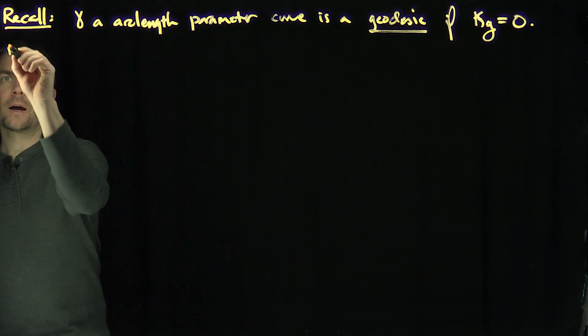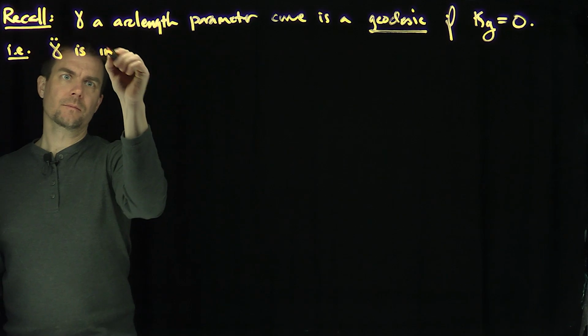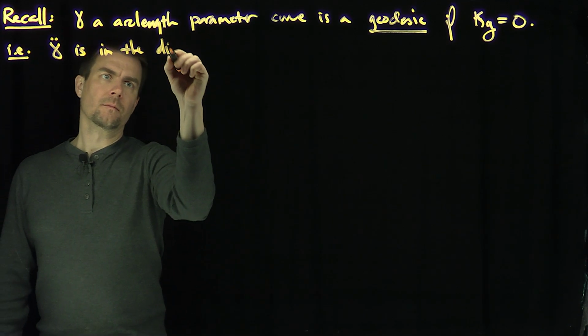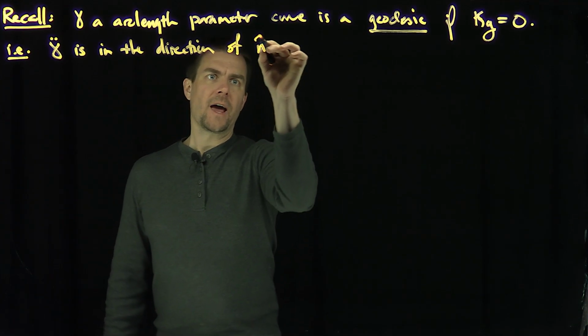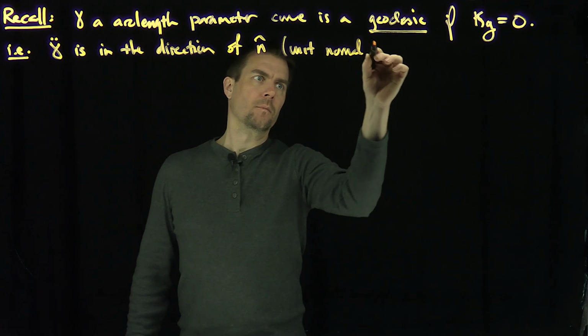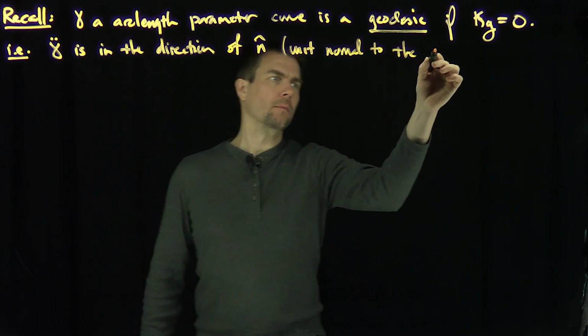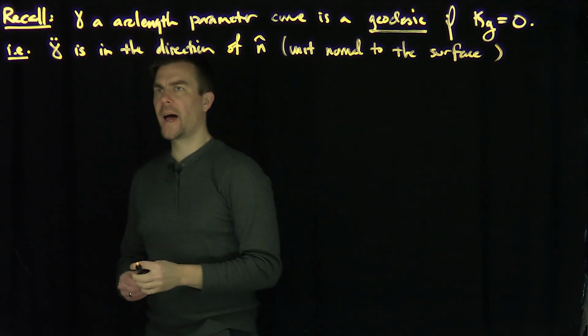So, i.e., gamma double dot is in the direction of n hat, the unit normal vector to the surface. Okay, excellent.